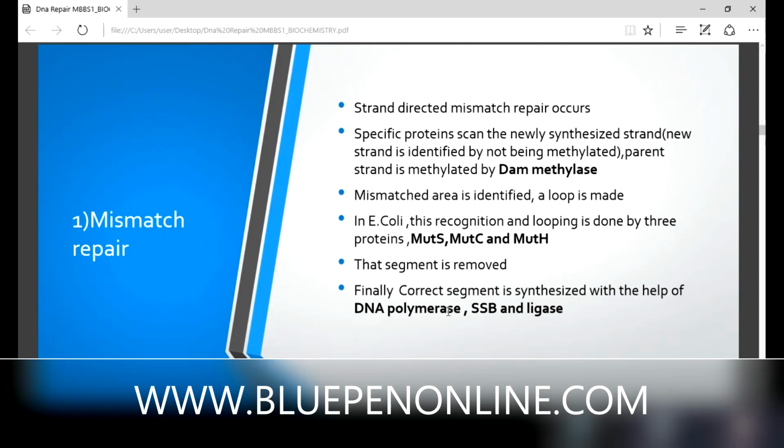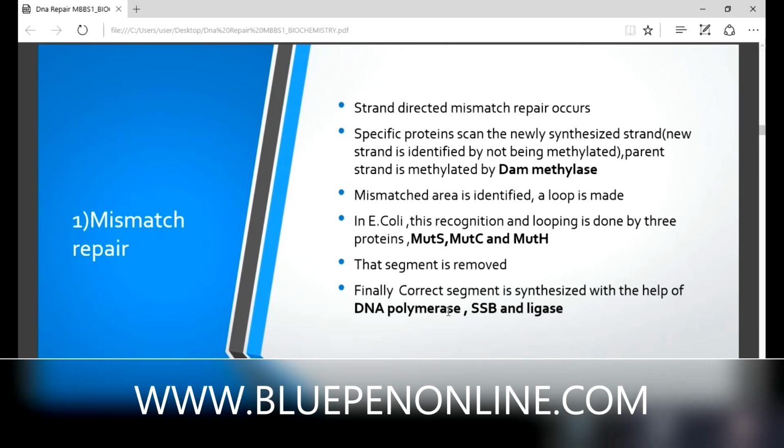There are some specific proteins involved in mismatch repair. Protein factors are different in all kinds of repair, but the mechanism is almost the same. In mismatch repair, specific proteins scan the newly synthesized strand.